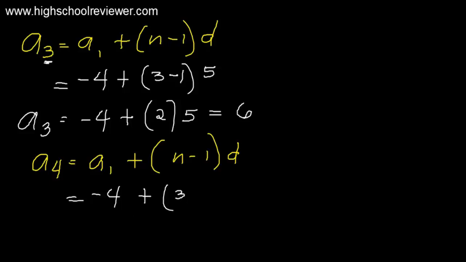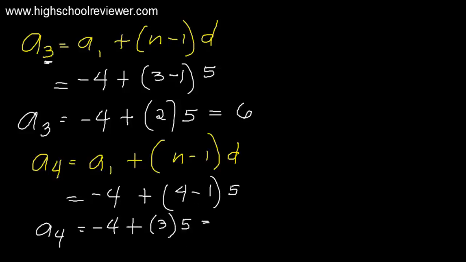Okay, our n here is 4, it's not 3. So our n here is 4 minus 1 multiplied by 5. So a sub 4 will be equal to negative 4 plus 4 minus 1, that is 3 multiplied by 5. So negative 4 plus 15 will be equal to positive 11. So our a sub 4 is positive 11.